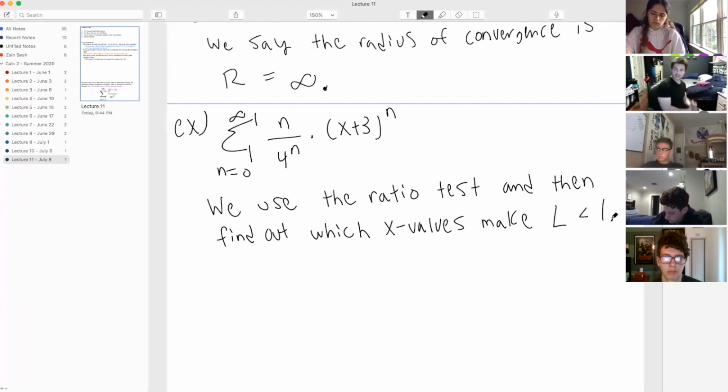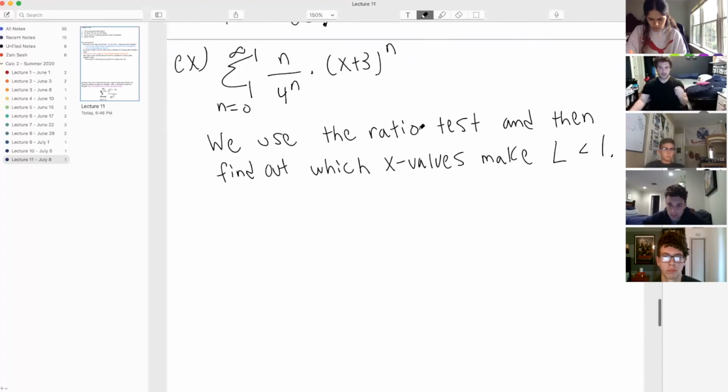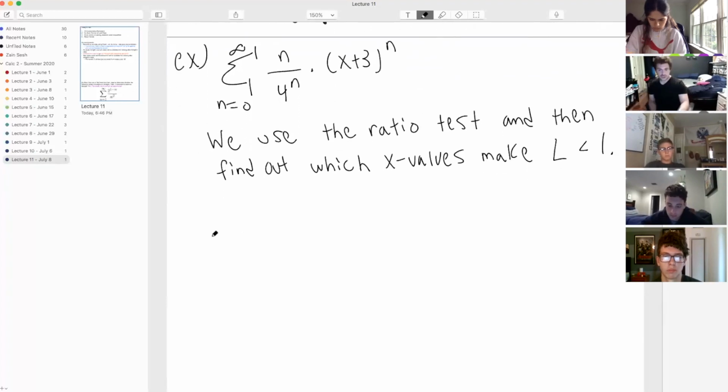That's the strategy. Because we know if the limit L is less than 1, by the ratio test, it will converge. So we just want to figure out which x values will force L to be less than 1. All right, so let's see how it works.